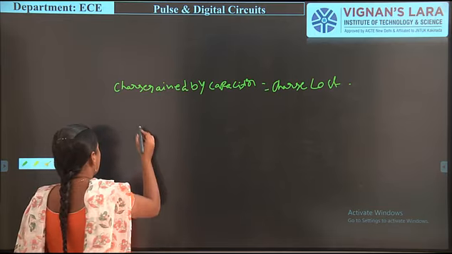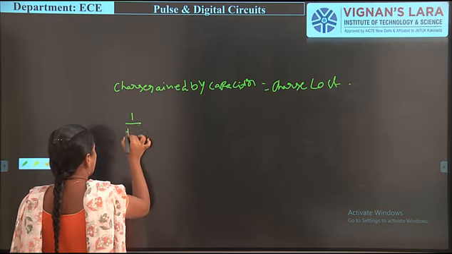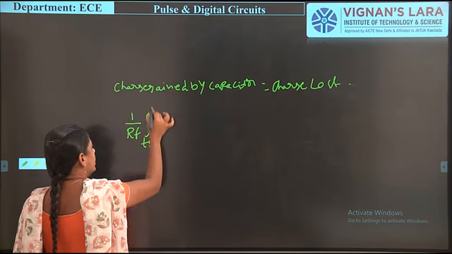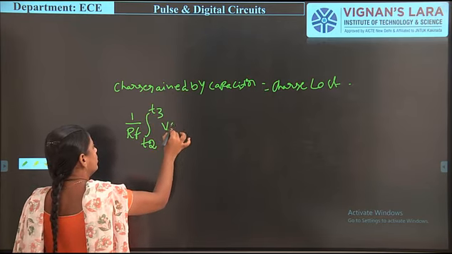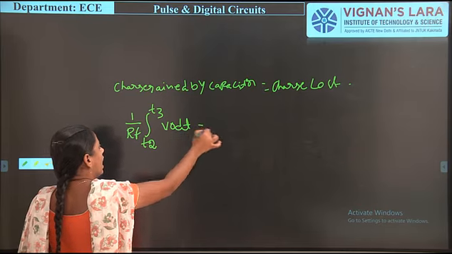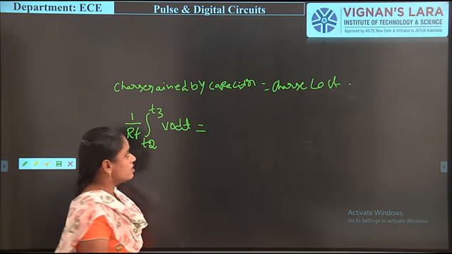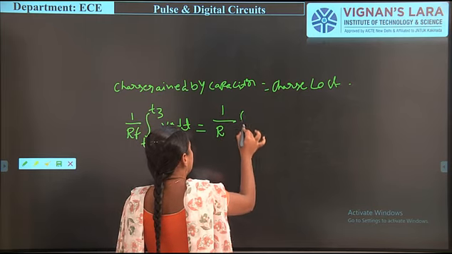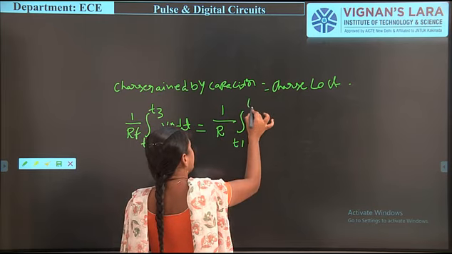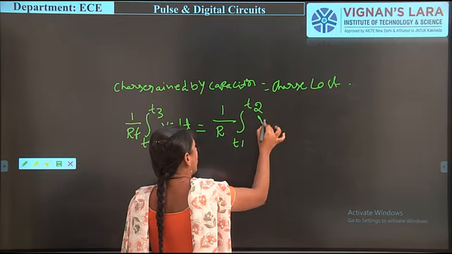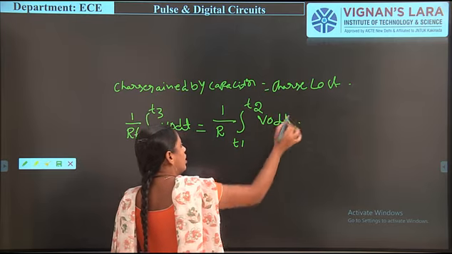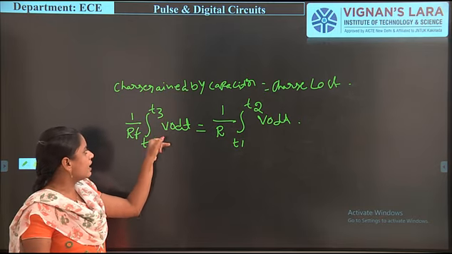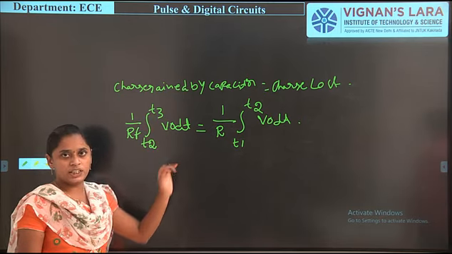That is 1 by RF times the integral from T2 to T3 of V0 into dt. And the charge lost by the capacitor is 1 by R times the integral from T1 to T2 of V0 into dt.